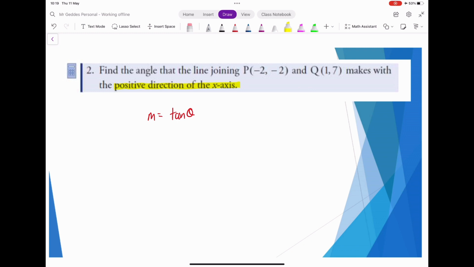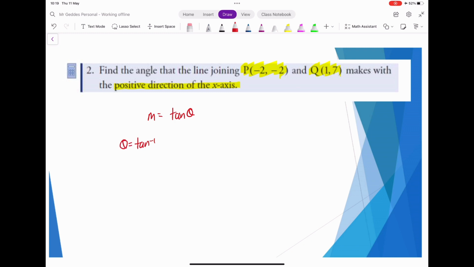We're after the angle this time, so we need to find the gradient first to then find the angle, and we can do that using our other formula and the coordinates. So we'll have to do the inverse tan of the gradient to find the angle.